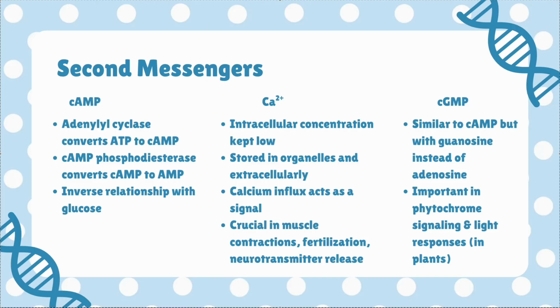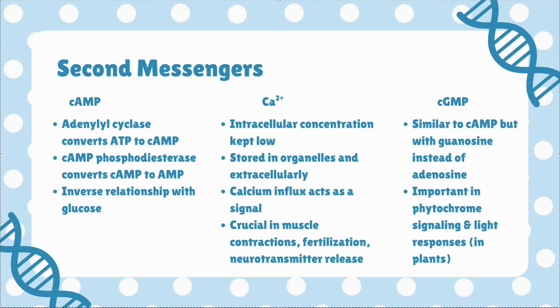And then we have calcium. So calcium concentration inside the cell is kept extremely low. So calcium is continuously pumped into organelles such as the smooth ER and sometimes like mitochondria, and it's also pumped outside the cell. And the cell uses ATP powered pumps to keep the intracellular concentration low.